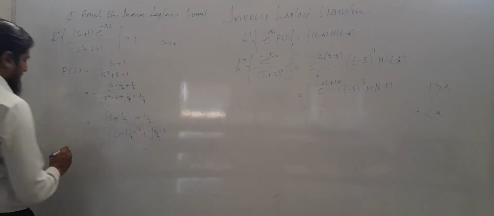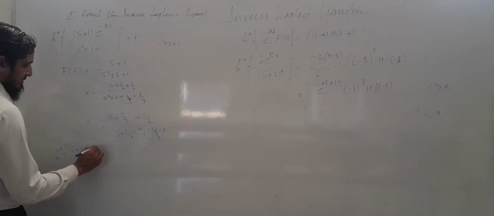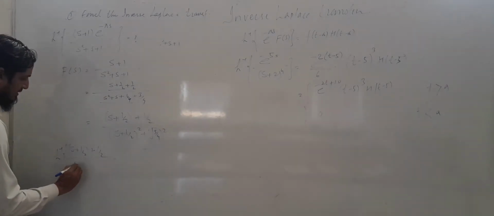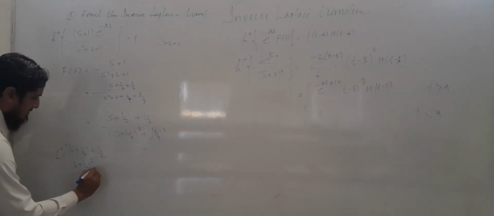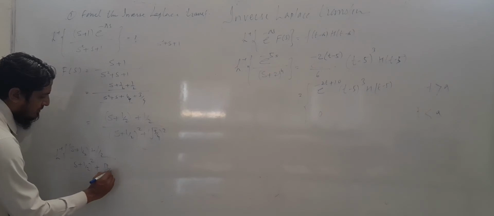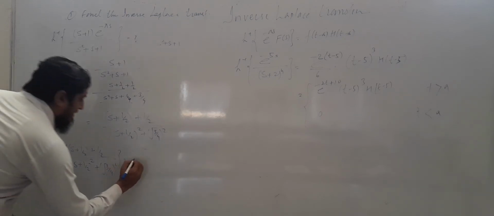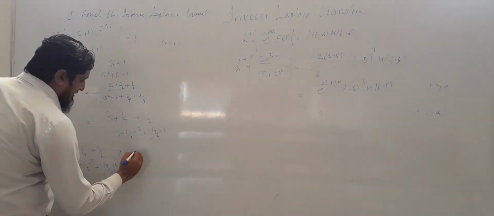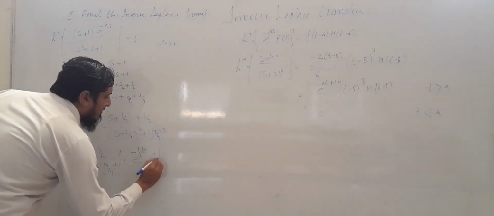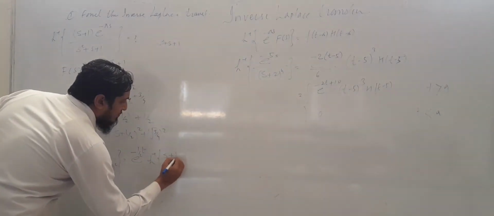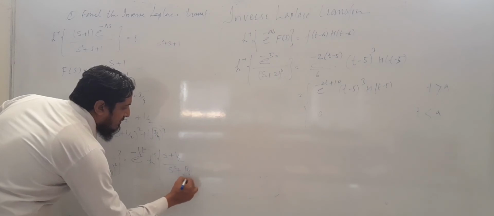Now applying inverse Laplace transform to this, (s plus 1 by 2 plus 1 by 2) upon (s plus 1 by 2) bracket square plus (root 3 by 2) bracket square, which will give us e raised to minus 1 by 2 t times inverse Laplace transform of s plus 1 by 2 upon s square plus (root 3 by 2) bracket square.